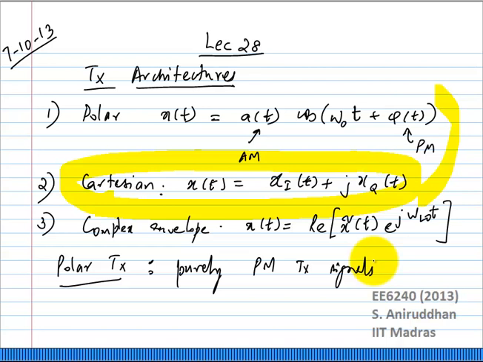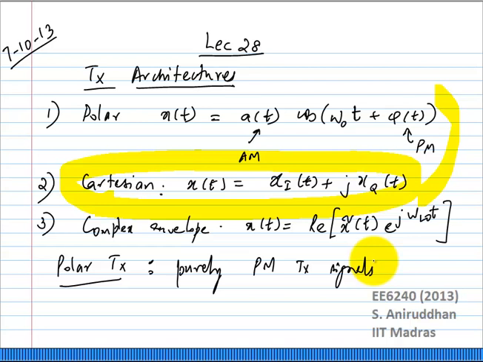For example, the original GSM signal was purely phase modulated. There was no information sent on the amplitude of the signal. It was purely in the phase of the signal. Similarly, the original Bluetooth signal was purely phase or frequency modulated. It doesn't matter for these purposes whether it's phase or frequency modulated. But if the signal information is either in the phase or the frequency, you could choose a different kind of architecture.